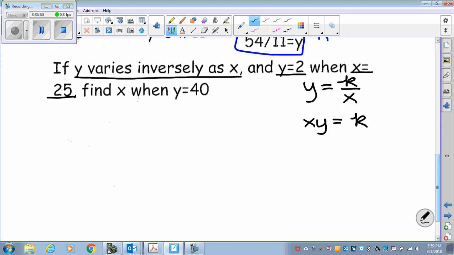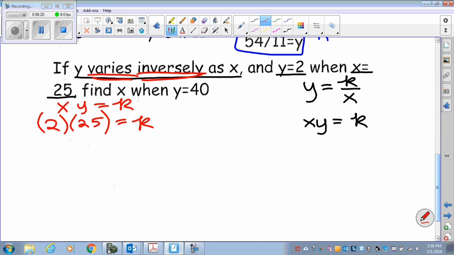So if y is 2 and x is 25, if I multiply them together, 2 times 25, that's going to give me my constant. I know x times y equals my constant if they're varying inversely. So I get 2 times 25 is 50. So that would be the constant.